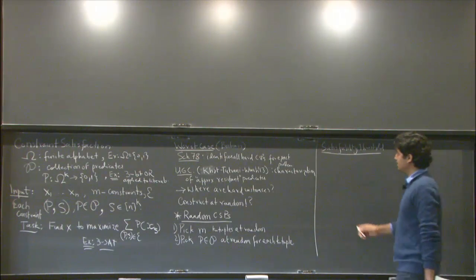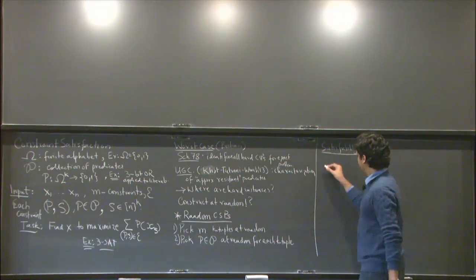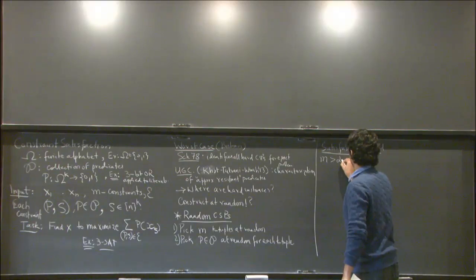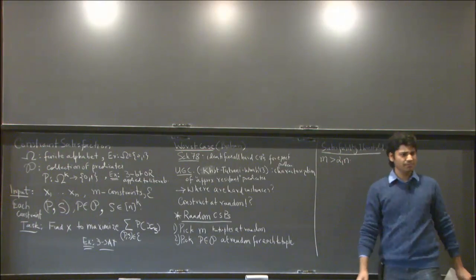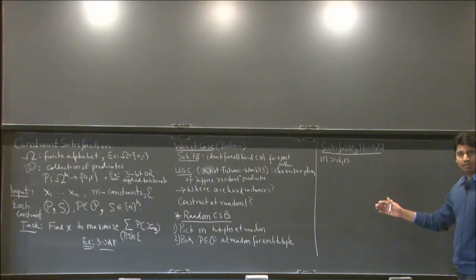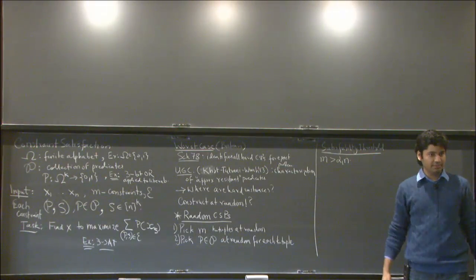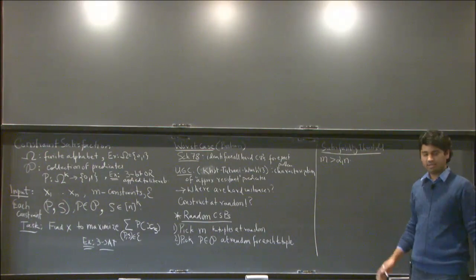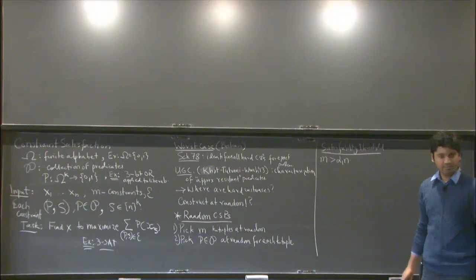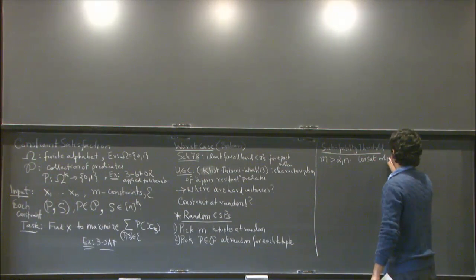Basically, here's the point. If m is larger than some alpha 1 times n, so you pick some constant times n constraints, then for large enough alpha 1, just by a Chernoff plus union bound, you know that the instance is going to be far from satisfiable, because you have too many constraints and only n variables. You have over-constrained the system, so such a constant should work: unsat with high probability.